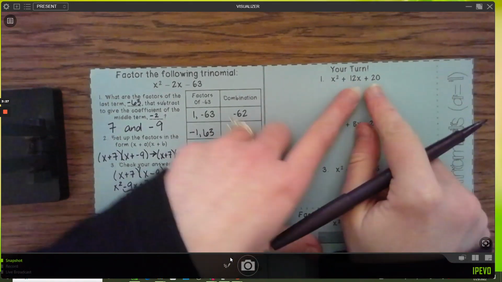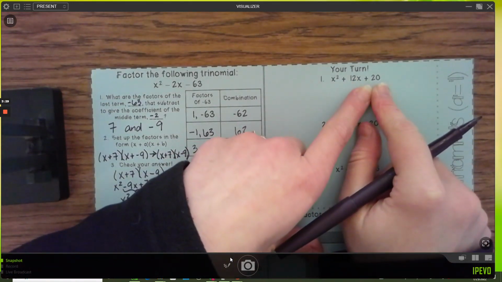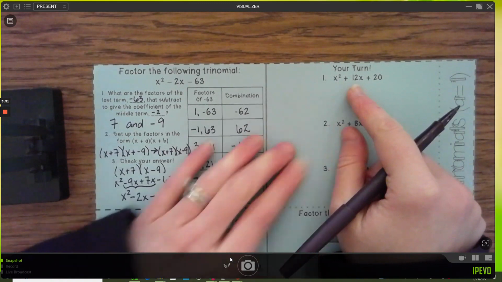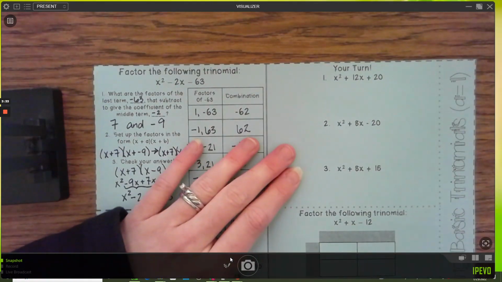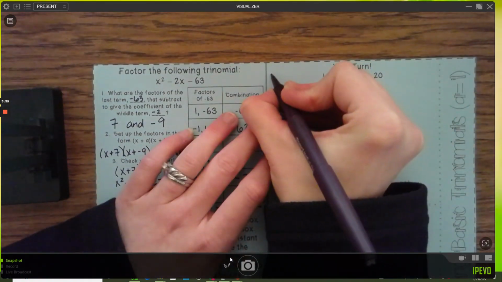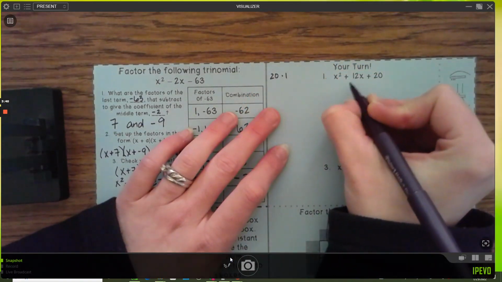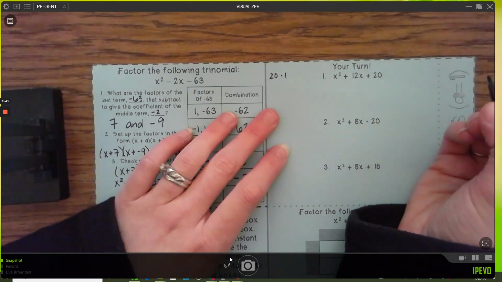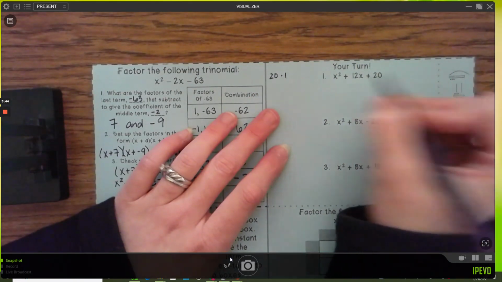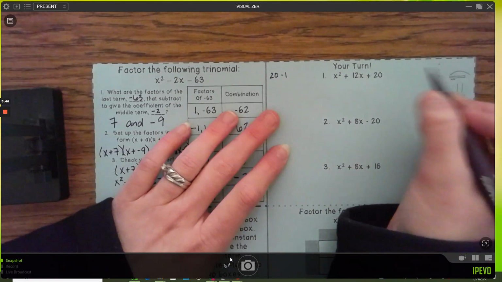Okay, factors of 20 that, when I add them, I get 12. We could always check 20 times 1 first. 20 plus 1 doesn't give me a 12.